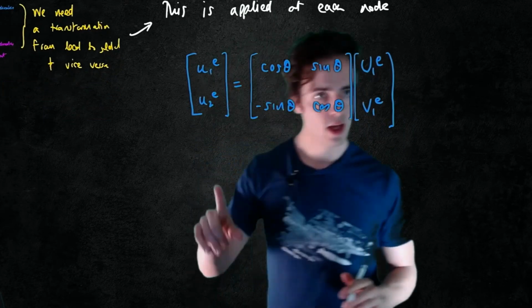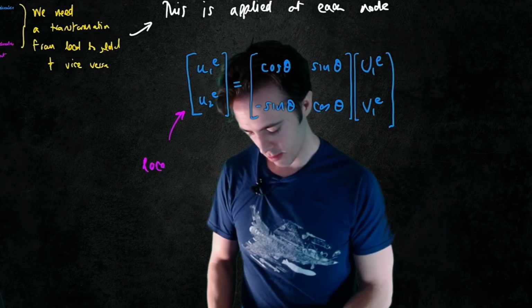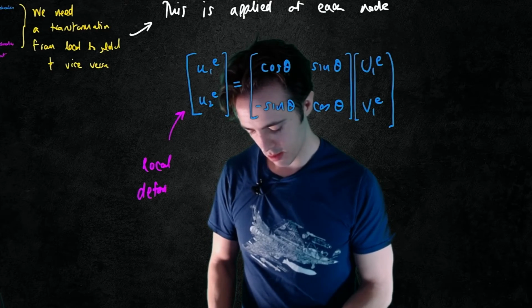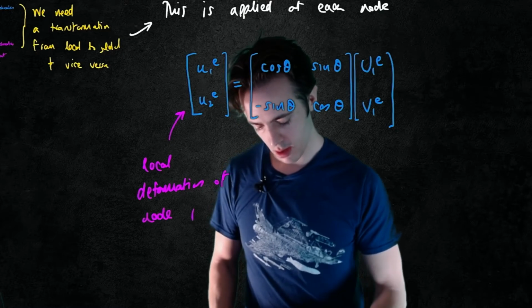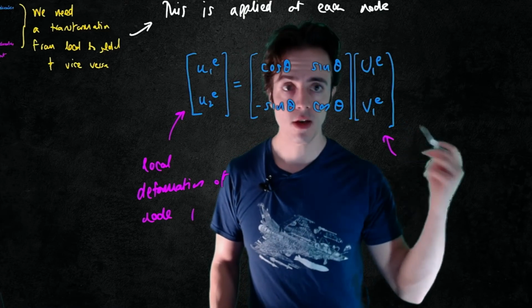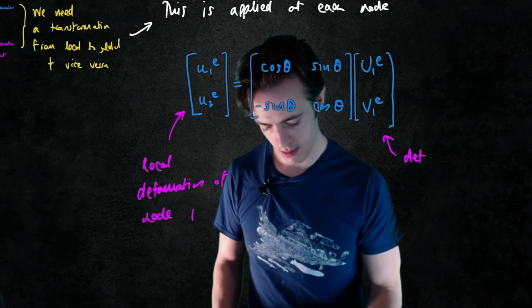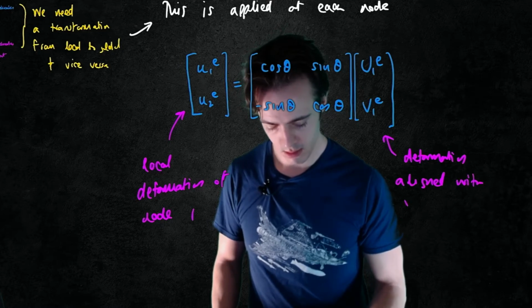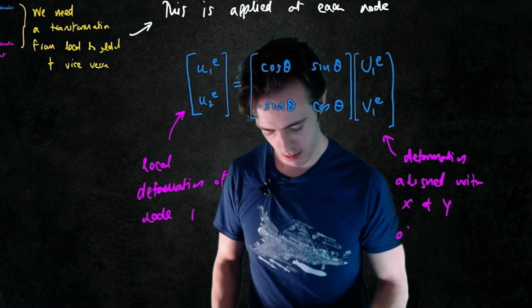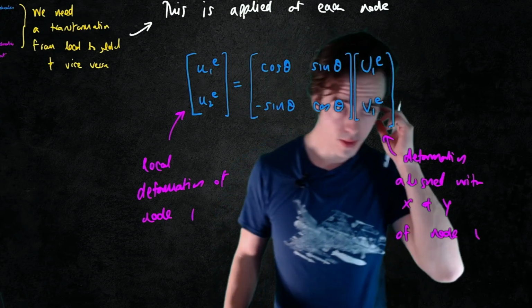So this matrix here gives us local deformations of node 1, and this one here gives us deformations in the global reference frame of node 2. I think I said node 2 there, so it should still be node 1, okay?